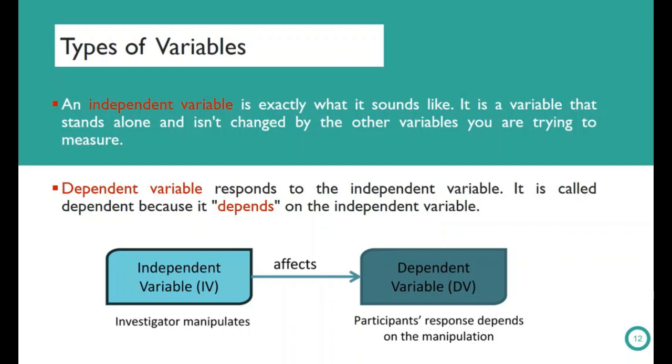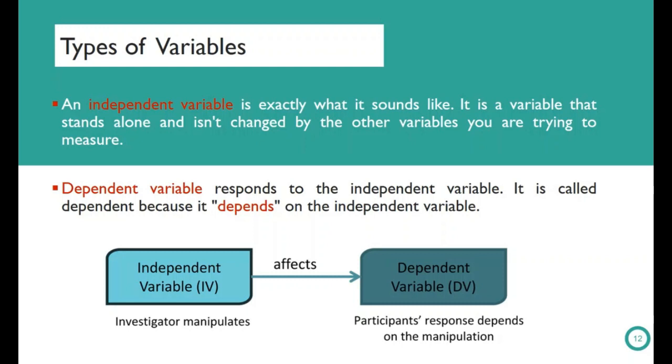Next, dependent and independent variables, which are very important. As I have mentioned just now, a variable is defined as anything that has a quantity or quality that varies, right? In all quantitative studies, we have IV and DV. IV stands for independent variable, DV stands for dependent variable.